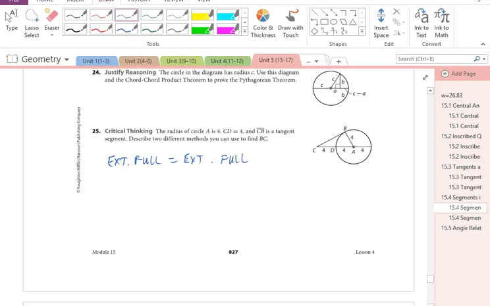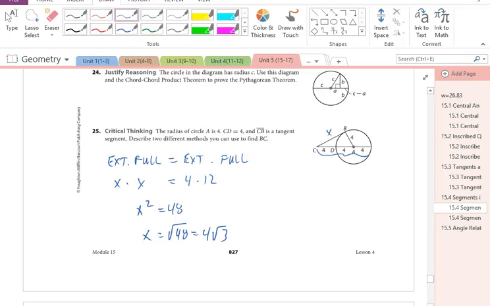And so if we call this x, external times full length equals external 4 times the full length of this secant segment, which is 12. And so then x squared equals 48, and x equals the square root of 48, which is 4 root 3.